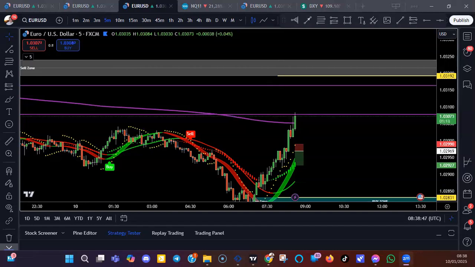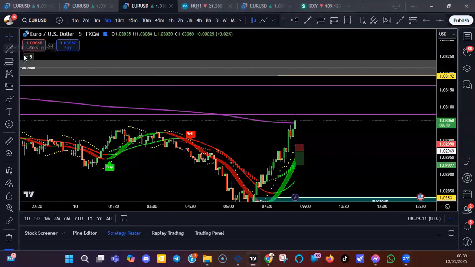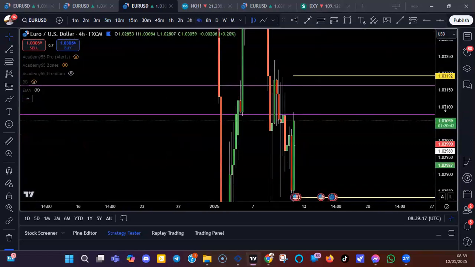Chris, can you go over how to mark up the areas of support and resistance on higher time frames? How high do you go on the 1 hour, 4 hour, 1 week, etc.? On the support and resistance, I only go up to the 4 hourly and I do the hourly. That's it. We'll do it again then, because it looks like we've got plenty of time anyway. So, take the indicator off. Go up to the 4 hourly.